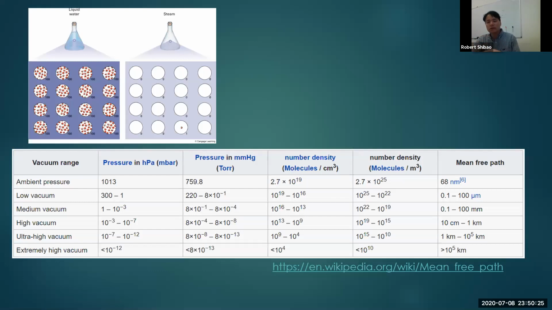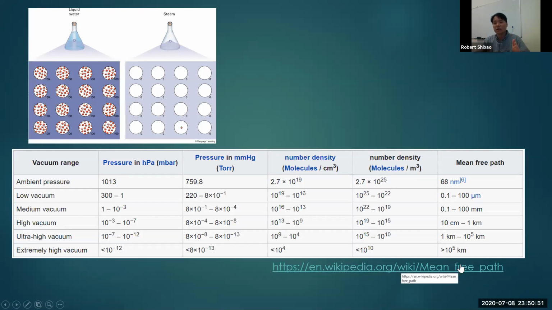A nanometer is one billionth of a meter. So it travels 68 nanometers before it hits something, like a wall or another molecule, at ambient pressure. At extremely high vacuum, that molecule travels 100,000 kilometers before hitting another molecule.